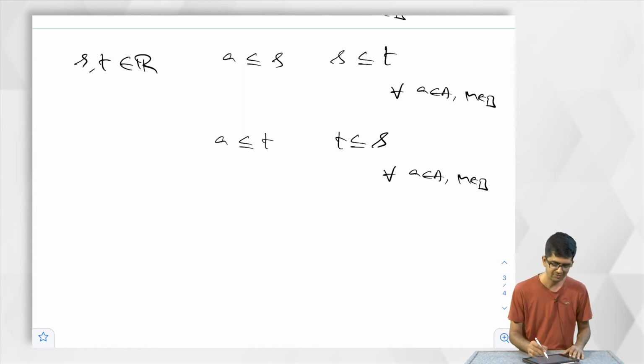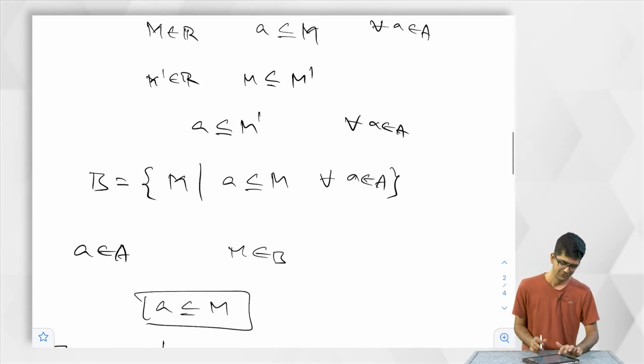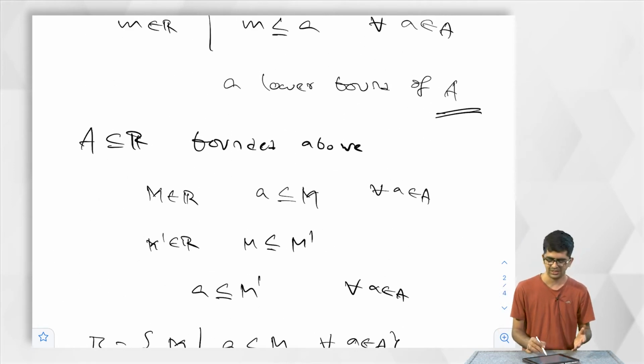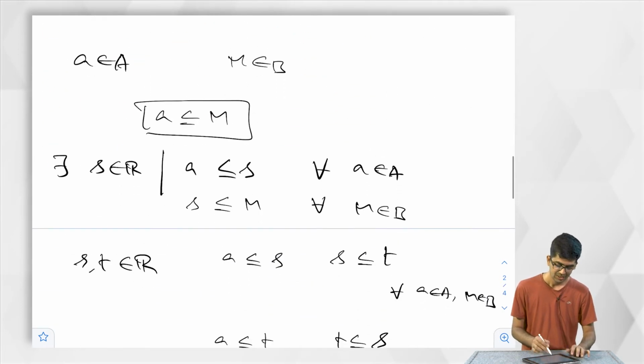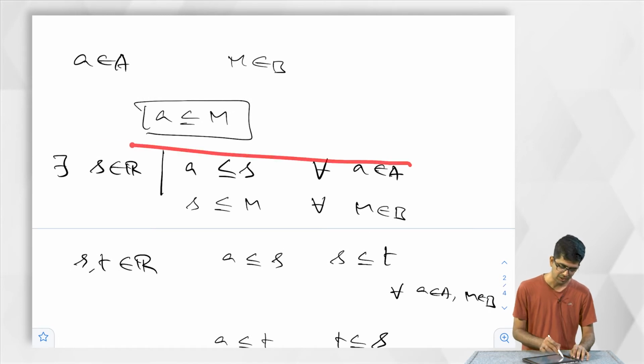So, now what do we have? We have S less than or equal to T and T less than or equal to S. So, this should tell you that S is equal to T. So, we started with a subset A that is bounded above, and then we got a unique element satisfying this property.